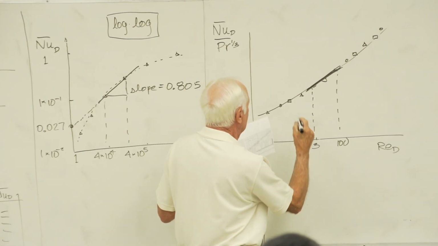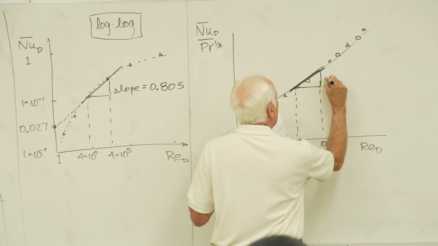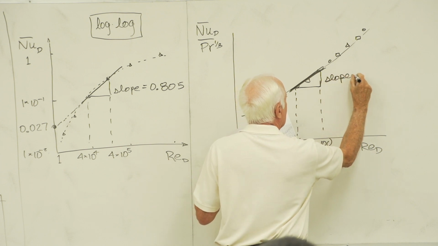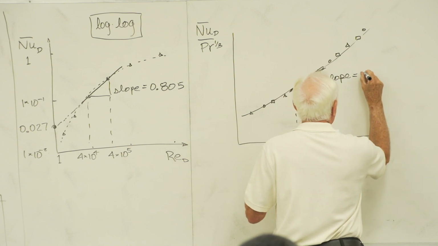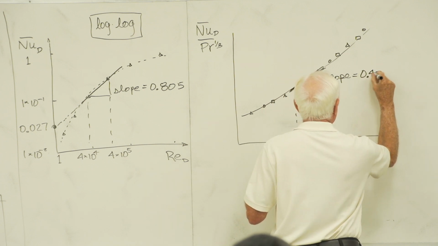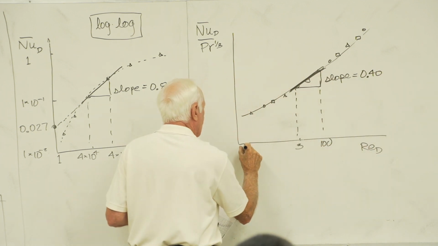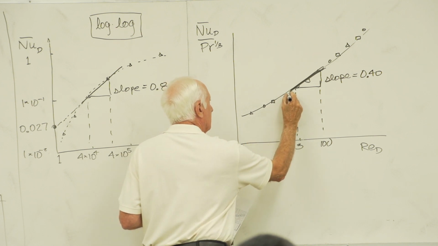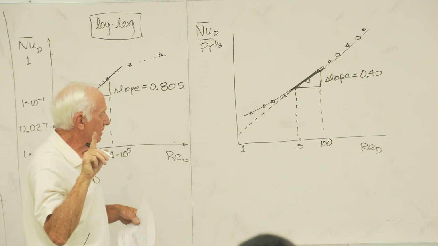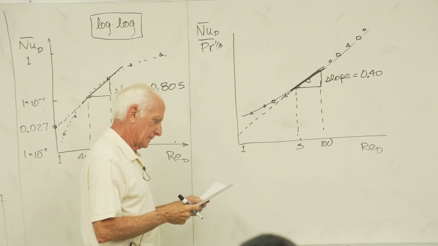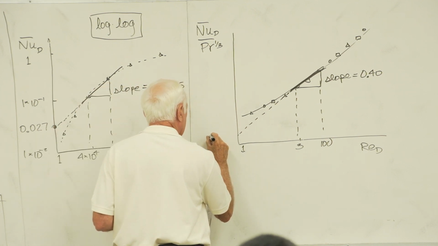And he says, if I do that, the slope of this line is 0.4. And where that line crosses Reynolds number equal 1, here comes the value of C, 0.82.